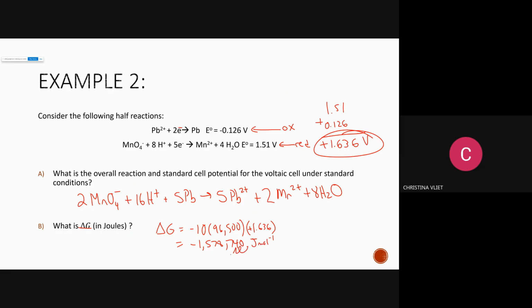So you move this over, and it's negative 1,578. Okay, that sounds more normal. So in joules, this would be the answer. And in kilojoules, this would be the answer. So be careful with that. For that one, they said they wanted it in joules. So then it would be this one. Yes.